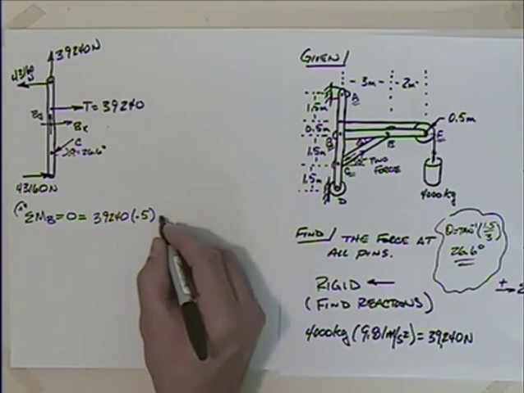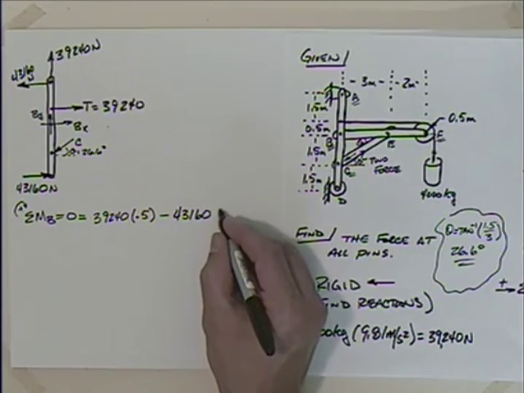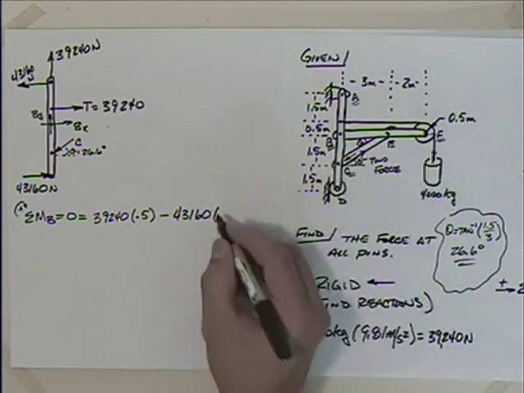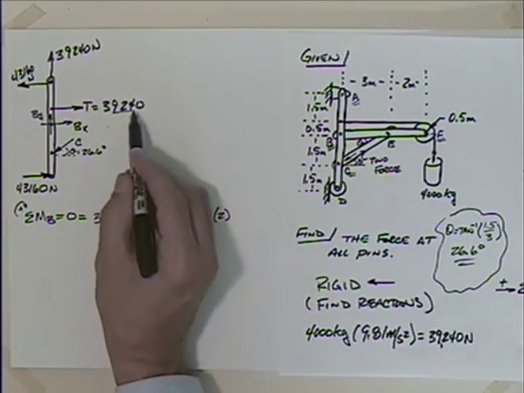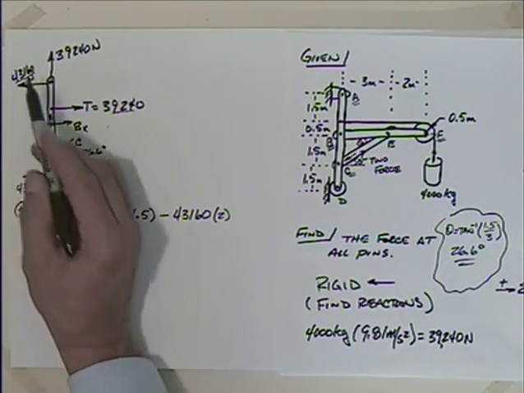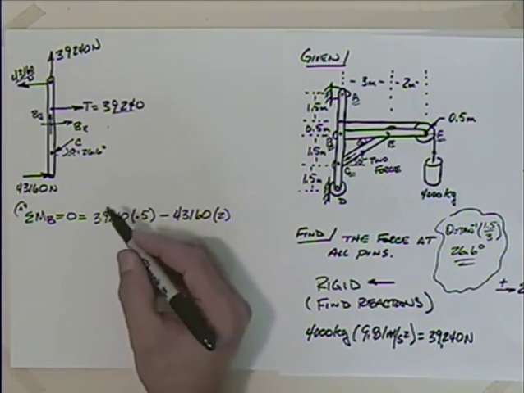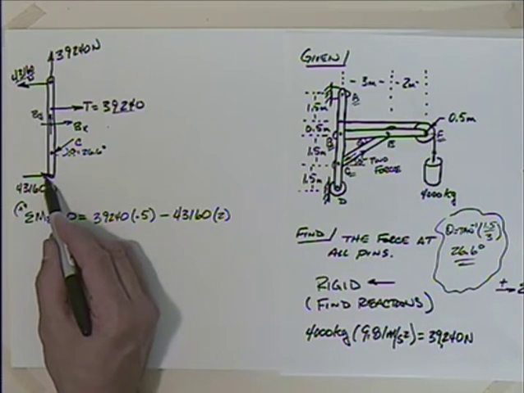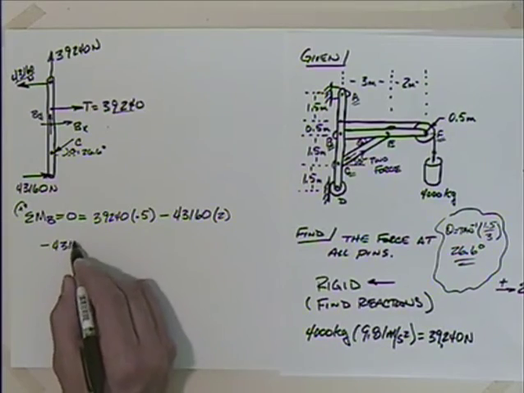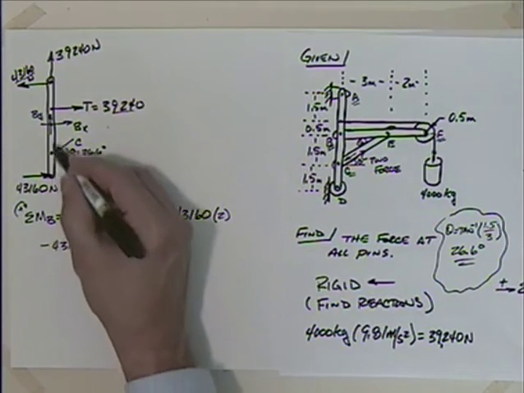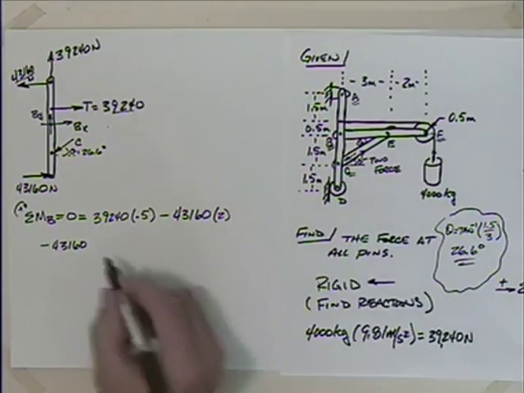Then I'm going to have minus 43,160 times a distance of what, 2, a half and 1 1/2. So I've taken care of that one, I've taken care of that one. BX and BY intersect it. This has to be accounted for. That's going to be a minus 43,160 times the distance from there up to B, which is from there to there is 3.